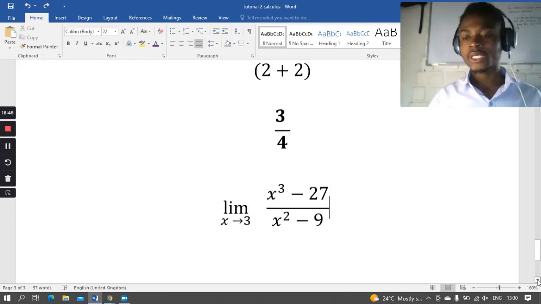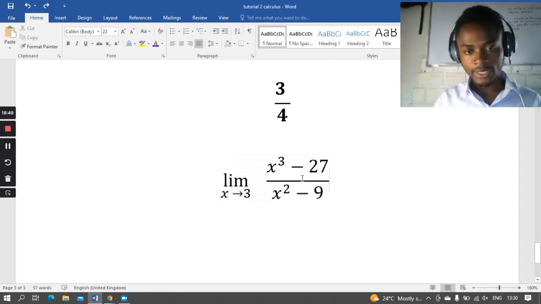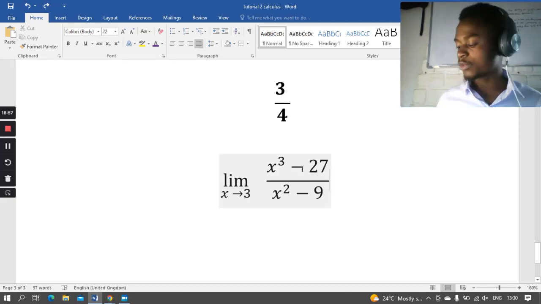Let me quickly work it out the way I worked out the previous one. If you look at the numerator, this is a polynomial. Since it is a polynomial, we are going to factorize it.